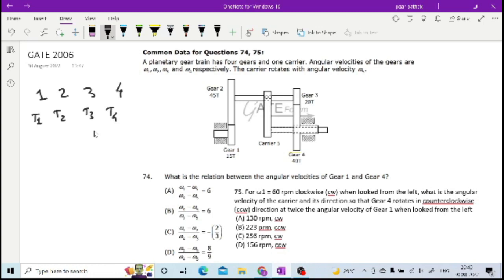I would like you to try it by yourself. Type in the option for question number 74. What will be the correct option for question 74? I am giving you 1 minute. It will take time, so please all of you try to solve this question by yourself.